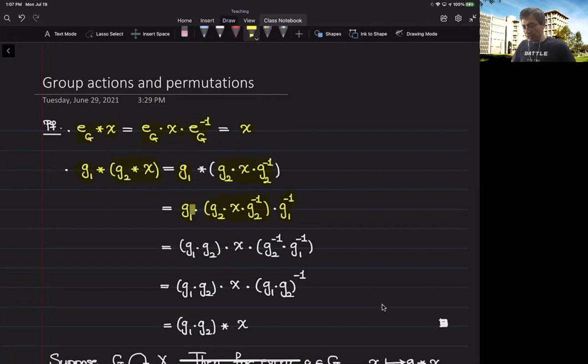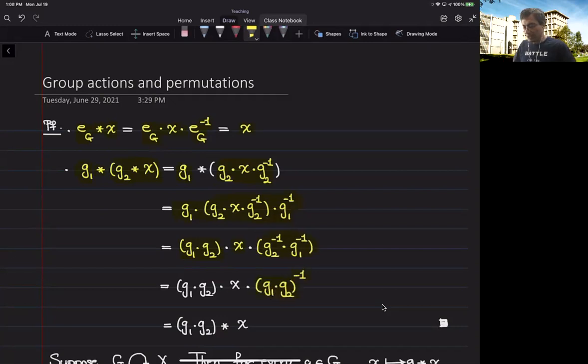Now, the whole operation is done in the group. In a group, the operation dot is associative, so I can reorder the parentheses. Here, I simply get G1 times G2, I have X in the middle, and then I get G2 inverse, G1 inverse. And remember, G2 inverse, G1 inverse is G1 G2 inverse.